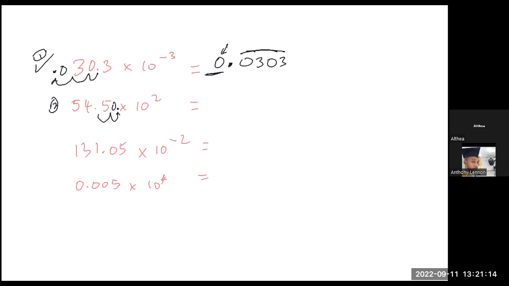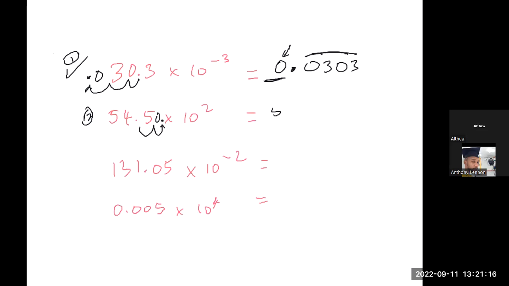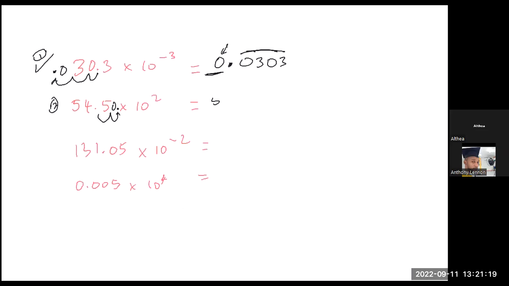So it's going to be 5450.00. We can put a point at the end, but since it's at the end we can ignore it. And so that's correct as well.